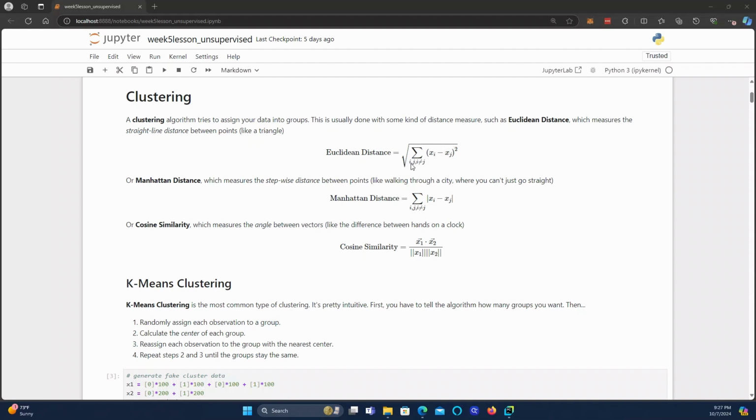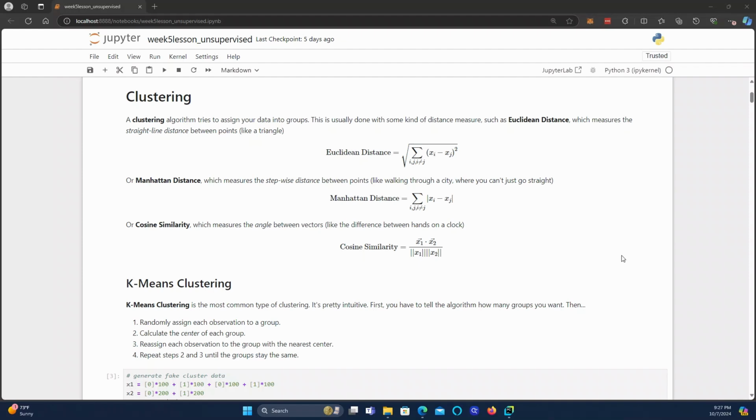So c equals the square root of a squared plus b squared, right? Euclidean distance is just a fancier term for the Pythagorean theorem, extended to have more than a triangle. You can do this with 100 different sides of a triangle if you wanted, and it would work out, and that's the Euclidean distance.